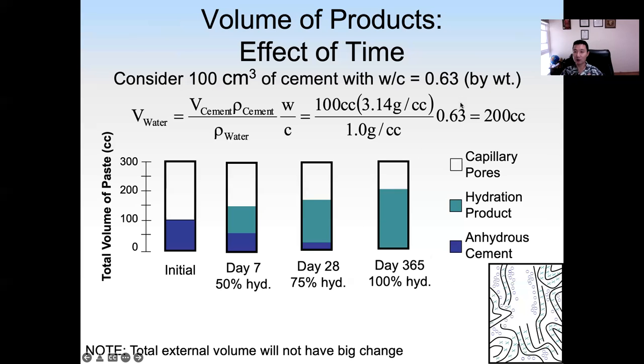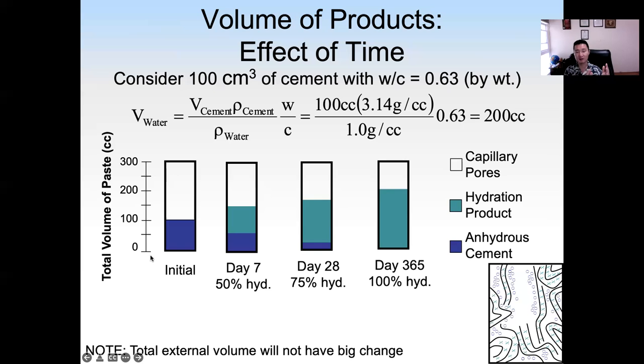Why? Because the water cement ratio is larger than 0.32, the cement is fully hydrated. So we just assume that. And we have a lot of hydration product, and we have some capillary pores. But remember, the total volume of cement paste is always around 300 cc.